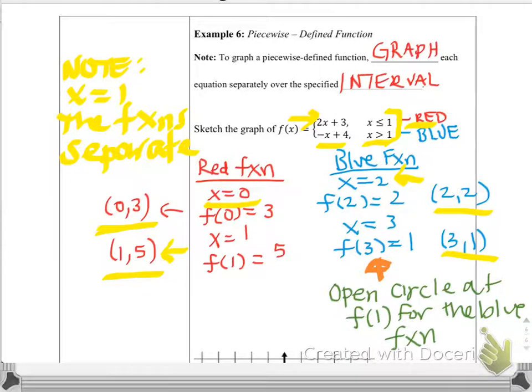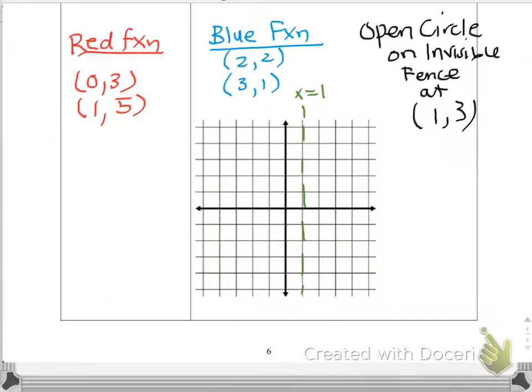I'm sorry, I can't scroll down on here. So if we were to plug in 1 into that function, it would equal what? 3, right? So that means there's an open circle at (1, 3). Let me write, open circle at (1, 3). I'm a little over 15 minutes, but I promise you we're almost done.